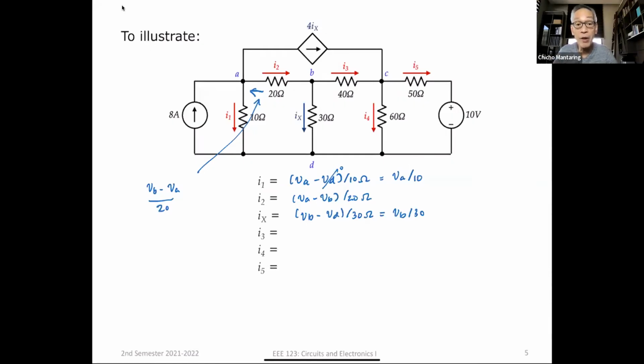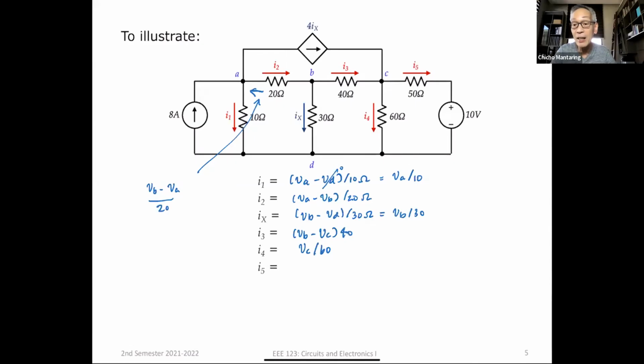So I can fill this up very quickly. I3 will be VB minus VC over 40. I4 would be VC over 60, because it is VC minus VD. What about I5? Who can tell me what I5 is?